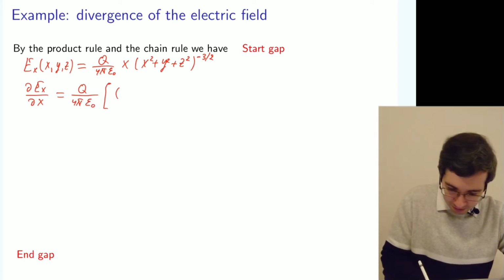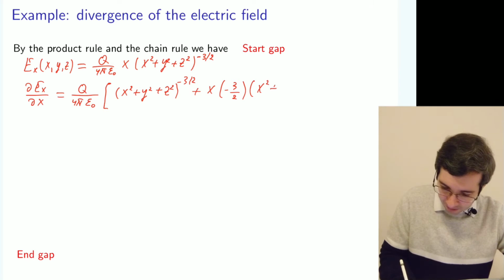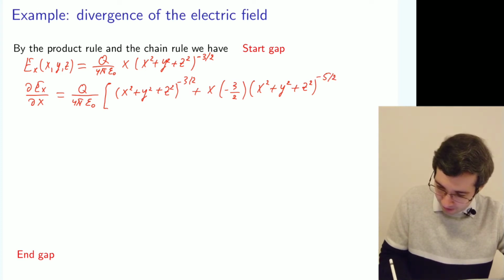And according to the product and chain rule, we get first the one term and then another term, with the same expression inside the bracket, but to the power of minus 5 over 2 multiplied by 2x.